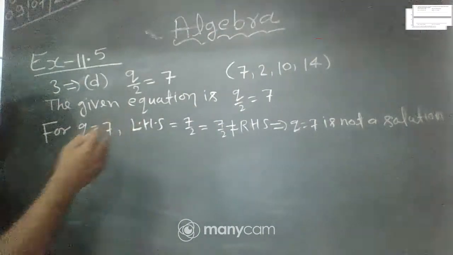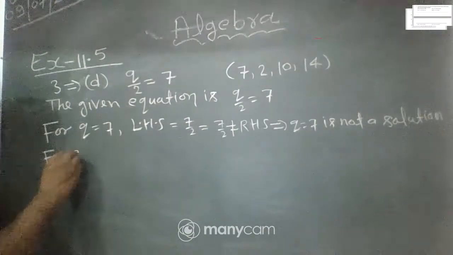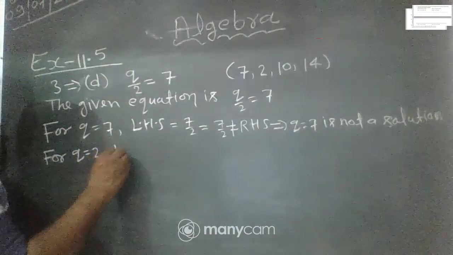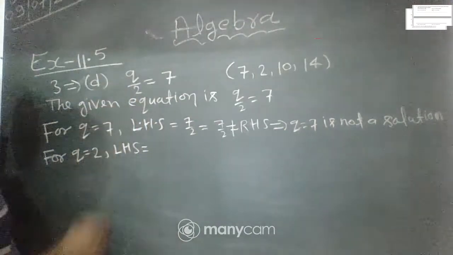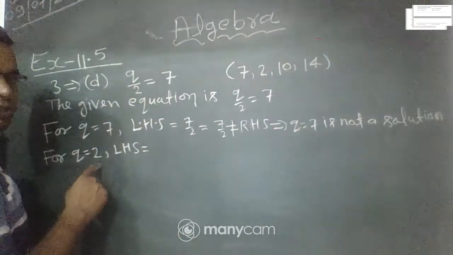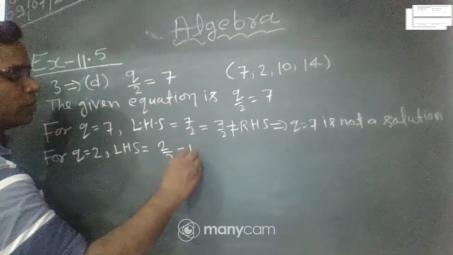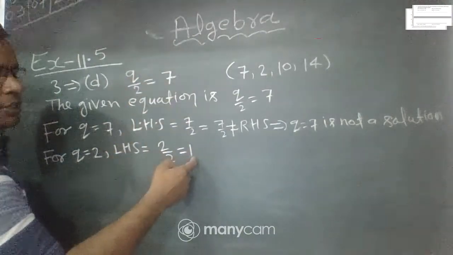The next option is 2. So we write here q is equal to 2. The left hand side is q by 2, so we put the value of q as 2. It becomes 2 by 2, which is equal to 1. And here the right hand side is 7 and the left hand side is 1.